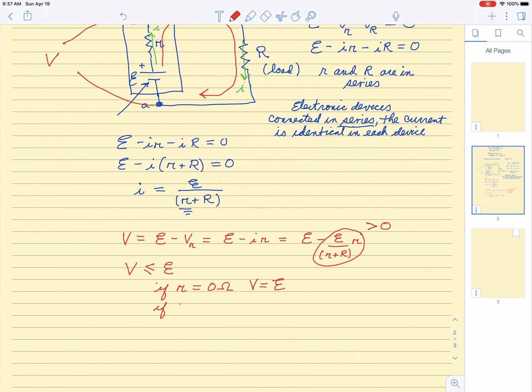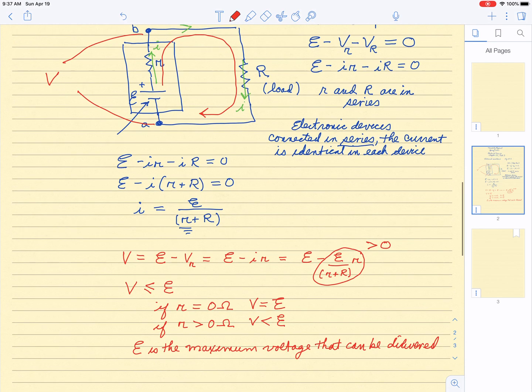If lowercase r is greater than 0 ohms, then V will be less than script E. So the electromotive force is the maximum voltage that can be delivered.